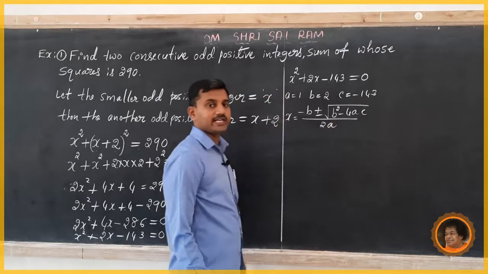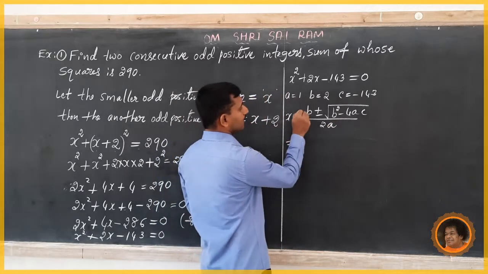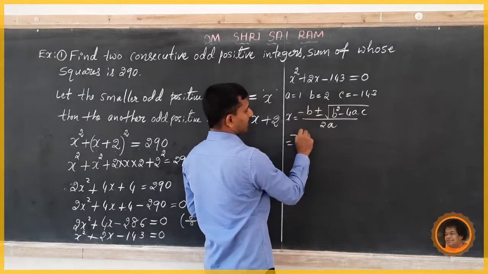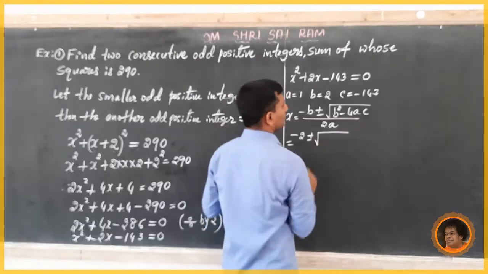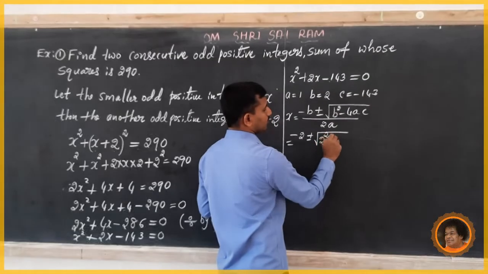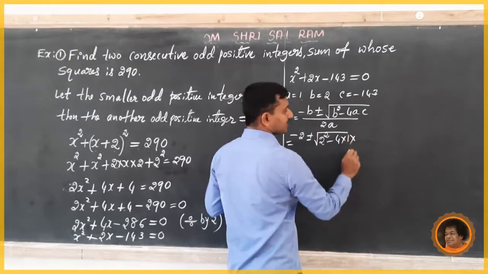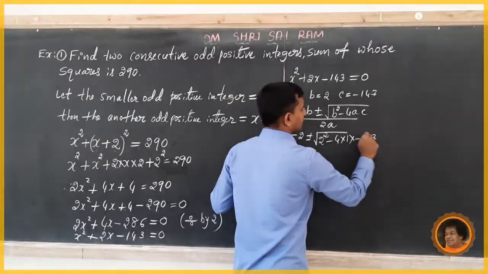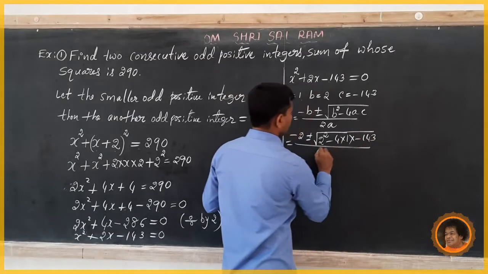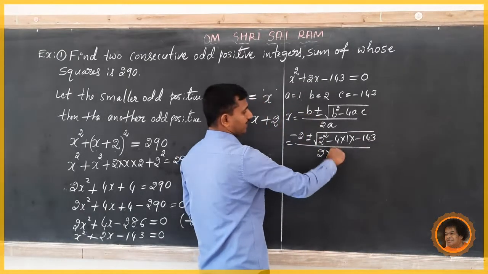So this is the quadratic formula. Now substitute the values. Minus b value 2, plus or minus square root of b square is 2 square, minus 4 into a 1, into c minus 143, divided by 2 into value of a is 1.